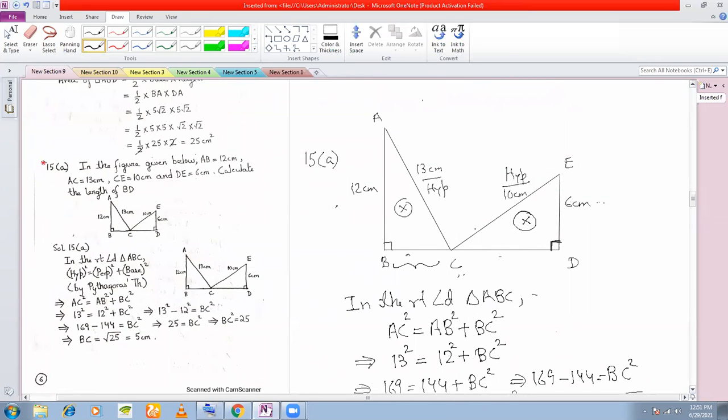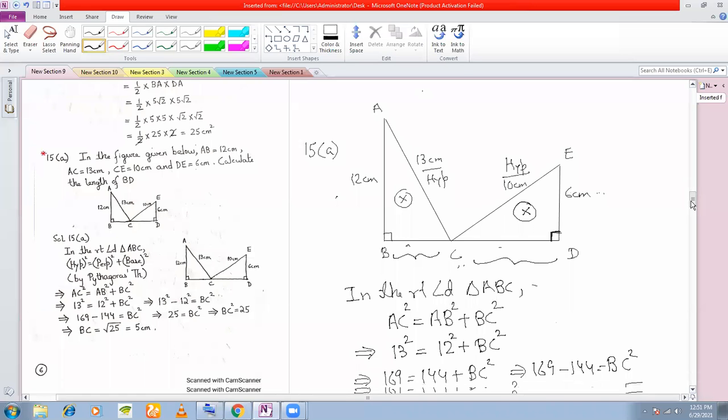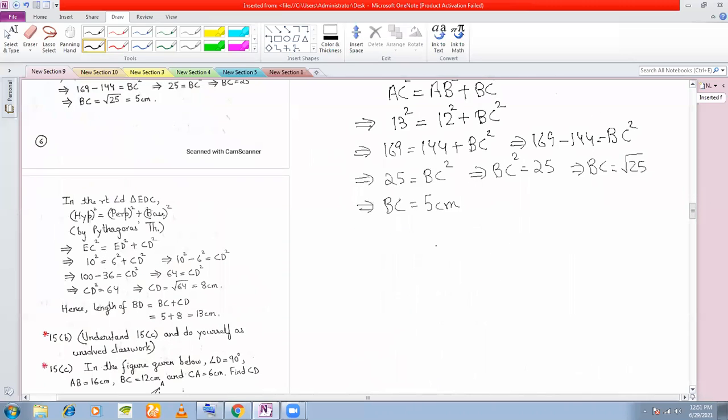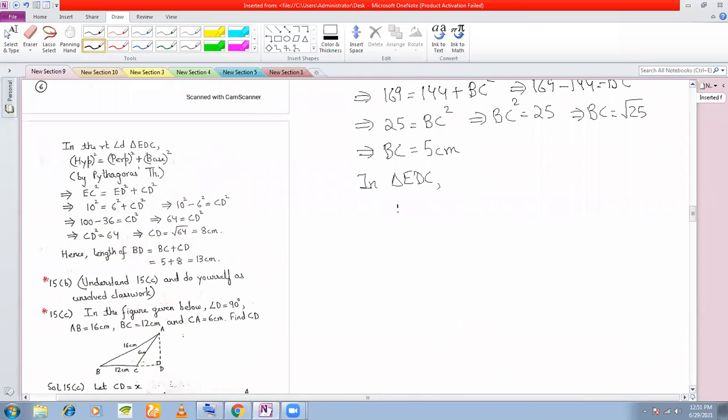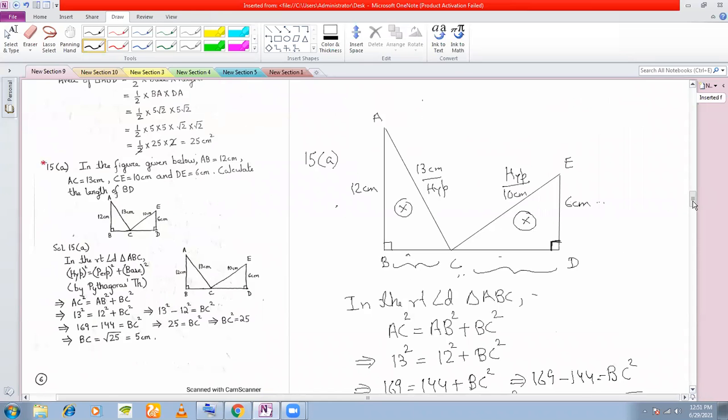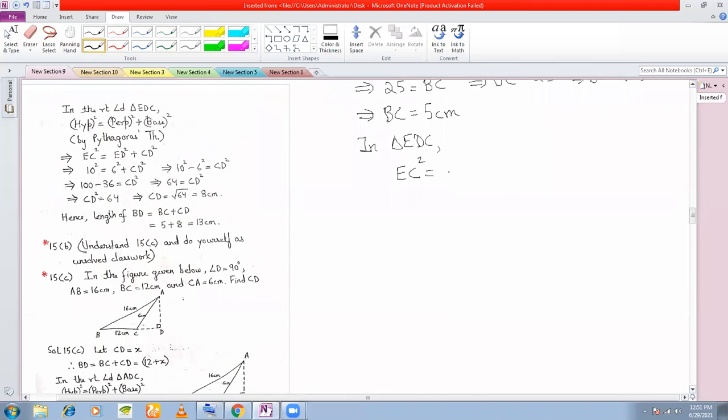In an exactly similar manner, now we move on to this triangle and calculate the length of CD. This triangle is CDE or EDC, whichever way you call it. In triangle EDC, the hypotenuse is EC. So hypotenuse square EC square is equal to ED square plus CD square.